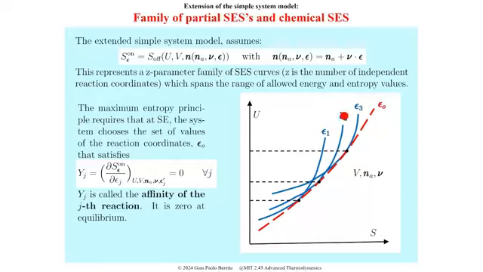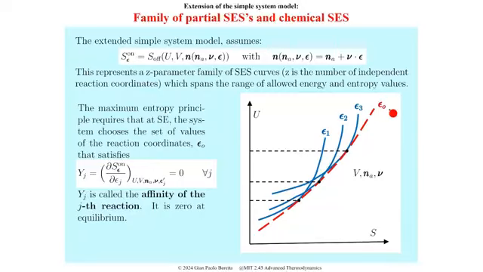So you shift from one to the other by changing the reaction coordinate epsilon. And the envelope of these stable equilibrium state curves is the stable equilibrium state curve for the system with chemical reactions. And that's where the stable equilibrium states are with the reactions on.